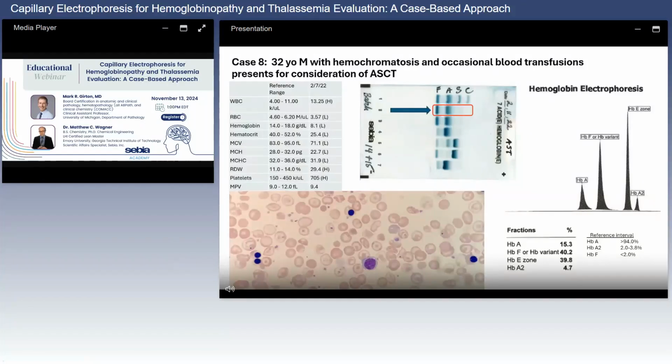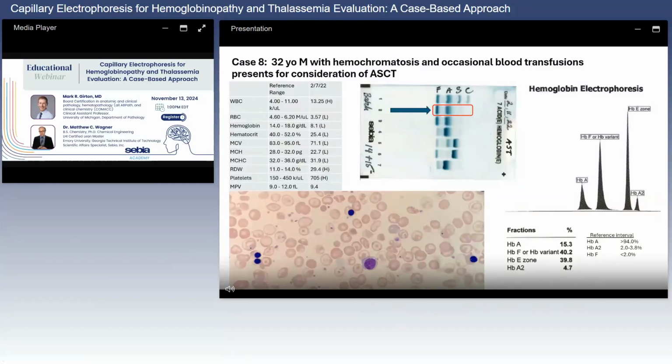Looking down here at the blood smear micrograph, we see pretty significant red cell abnormalities. Prominently, a lot of these cells that look like targets, or we call it target cells or dacrocytes more scientifically. We also see occasional cells that appear to be folded, so these folded cells, and then various other morphologies.